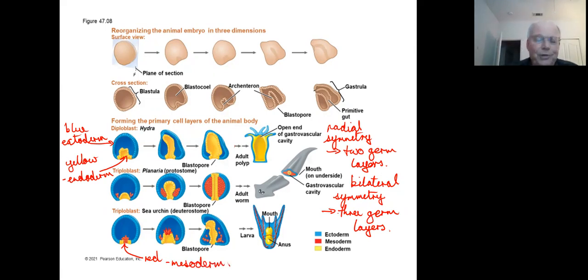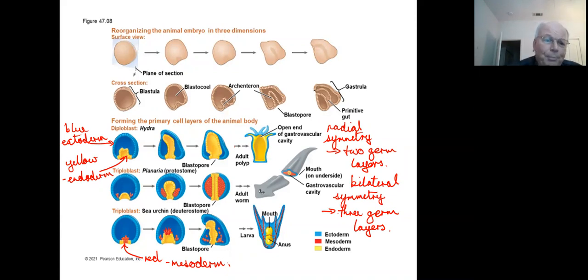So mesoderm gives rise to all the organ systems that are associated with the body cavity and our auxiliary organs to the gut. So things like kidneys, the muscles that line the body cavity. So in our case, the muscles that are associated with the ribs and also the muscles that are associated with the digestive tract, those are all formed from mesoderm.